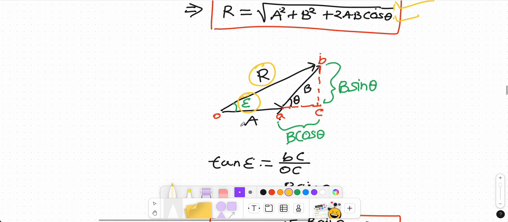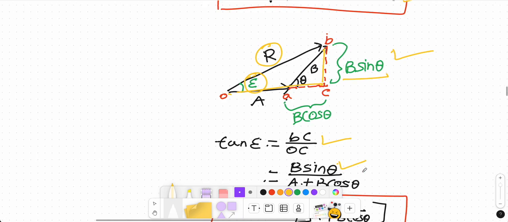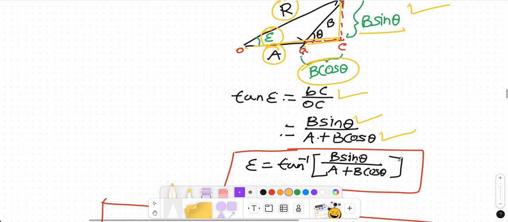Then on this triangle, tan epsilon is equal to BC by OC. But BC is B sin theta and OC is OA, that is A, plus AC, which is B cos theta. So A plus B cos theta. So epsilon can be written as tan inverse of B sin theta divided by A plus B cos theta.